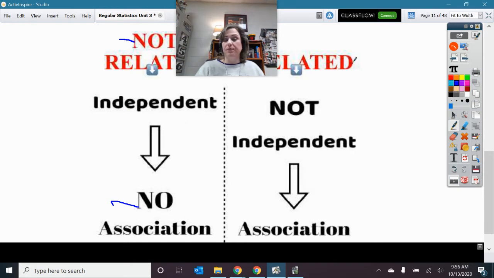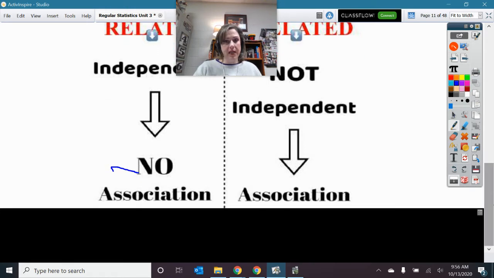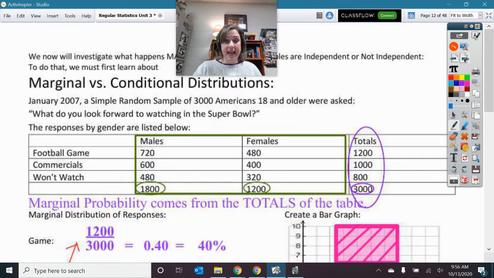And this is the opposite: related, associated, not independent of each other. So the independent one's kind of the opposite, but if you want to think about which one has the word not in it, it's important to keep those phrases straight. Now, let's look at mathematically how we do this.